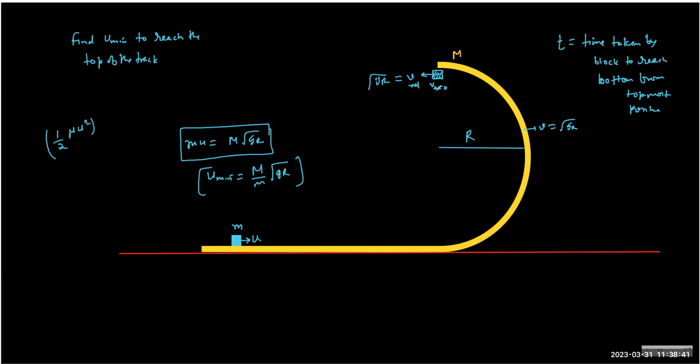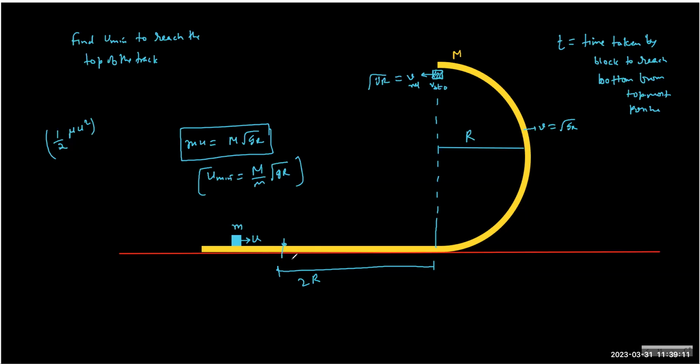And in the same time, you will be moving horizontally with root gR. Correct? So root gR is the velocity in the frame of the track. So in the frame of the track, you will exactly land where? 2R. We have done this question, right?